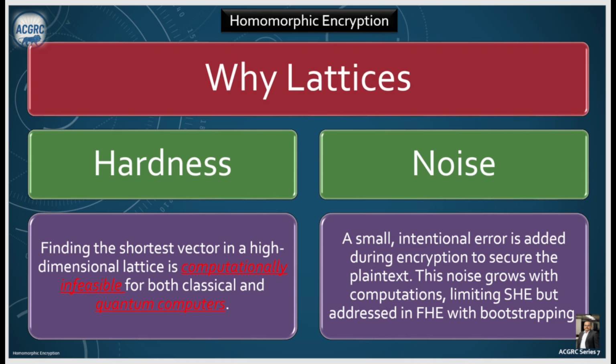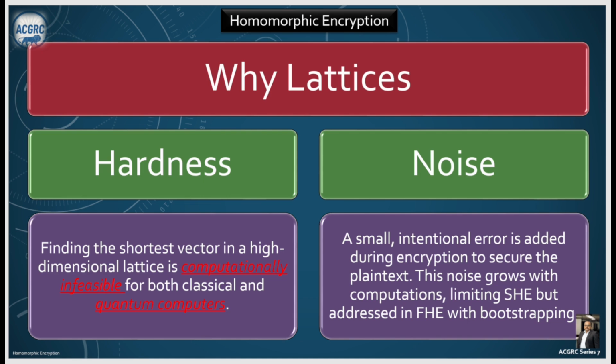So, if you want to break it, lattice is complex enough to an extent that it is identified as computationally infeasible. Leave the traditional aside, even quantum computing at this point of time would not be able to break it, or it is extremely difficult to break it.